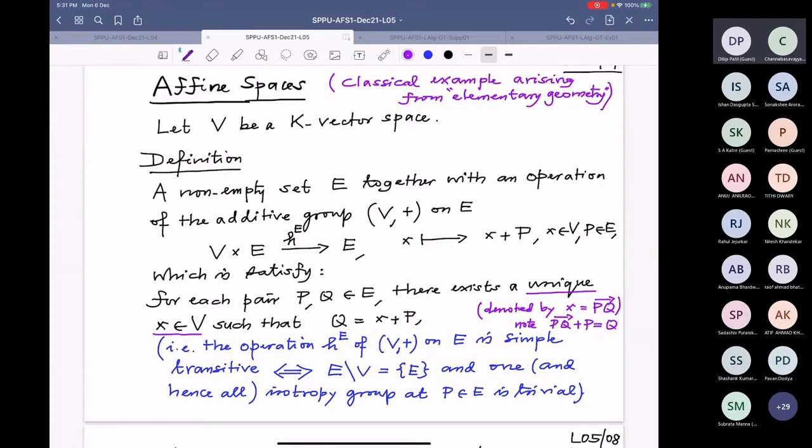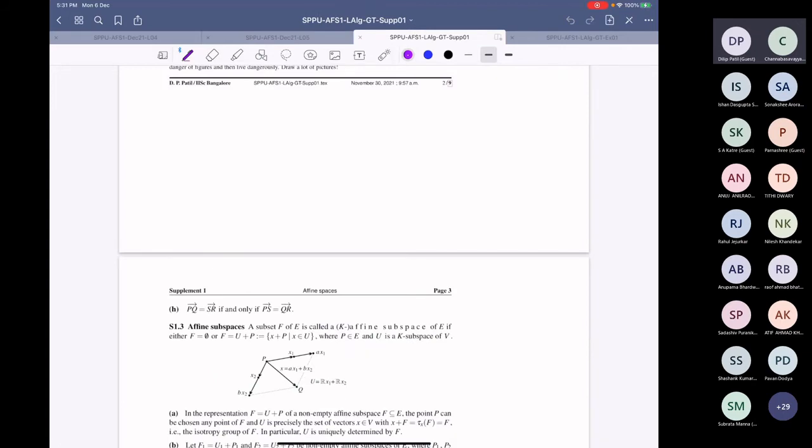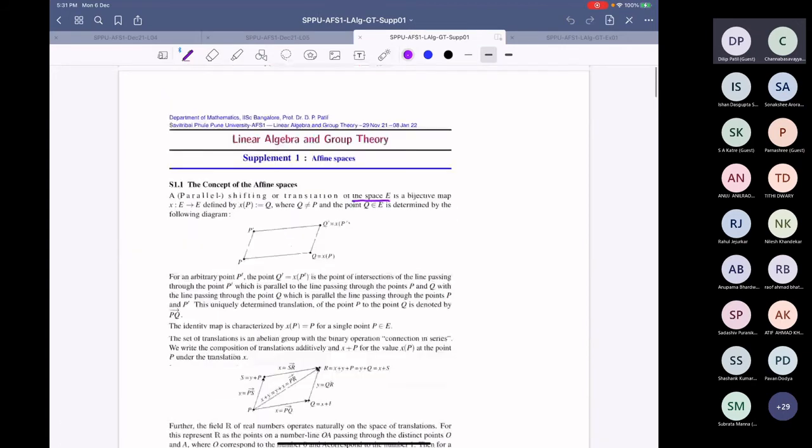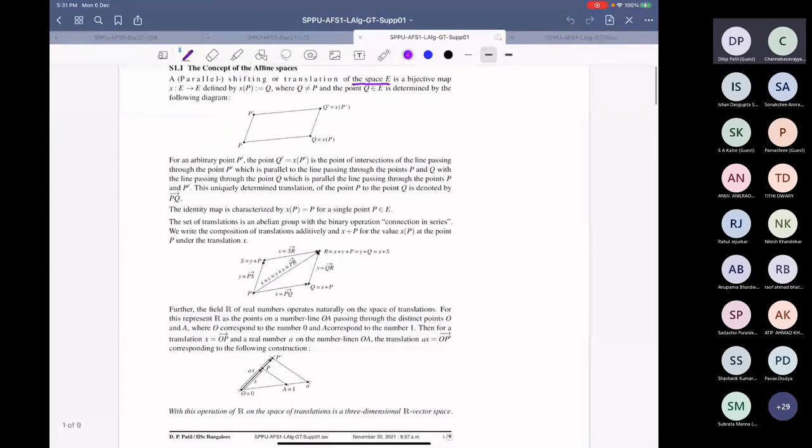And what is that? I am going to choose my group, the additive group of a vector space. More concretely, if you want, you can see the supplement. See here, I drew the pictures. And this is exactly what you are doing in school geometry and proving theorems.